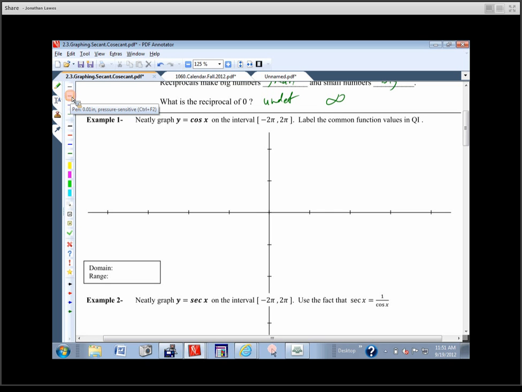We've been going over this for a while, so hopefully this is just second nature. It starts at 1 and then goes down, back up, looks like that, and then on this side it would do the exact opposite. So we've got a graph that looks something like this.